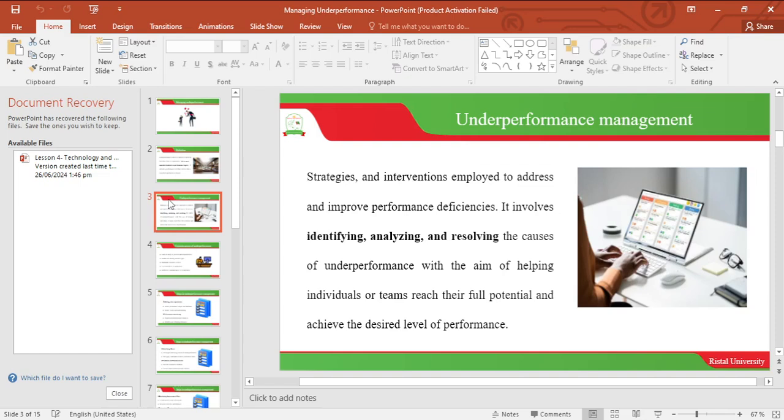Even in a humanitarian setting, you also need to manage performance, because if you don't manage the performance of humanitarian workers, the population and the community are going to suffer. If you have doctors who are not performing to expectations, people are dying of sicknesses.